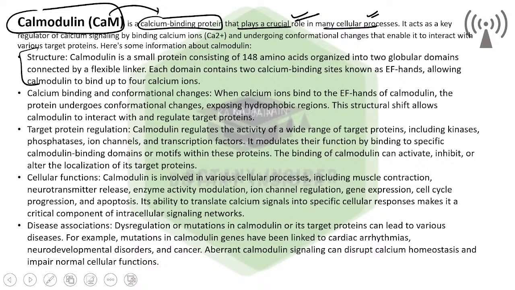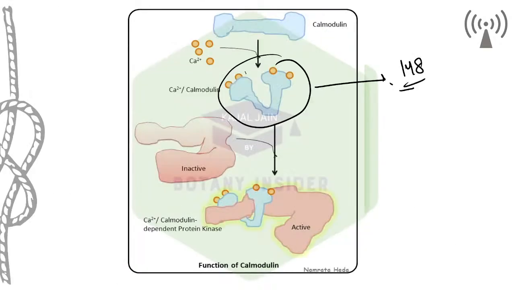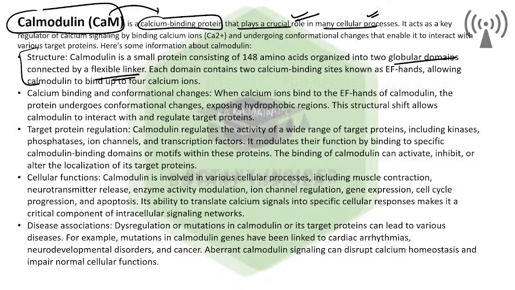You have two globular domains connected with the help of a flexible linker. So one domain, second domain, and the flexible linker. Then you have calcium binding and conformational changes, target protein regulation, and finally the response, the cellular functionality.